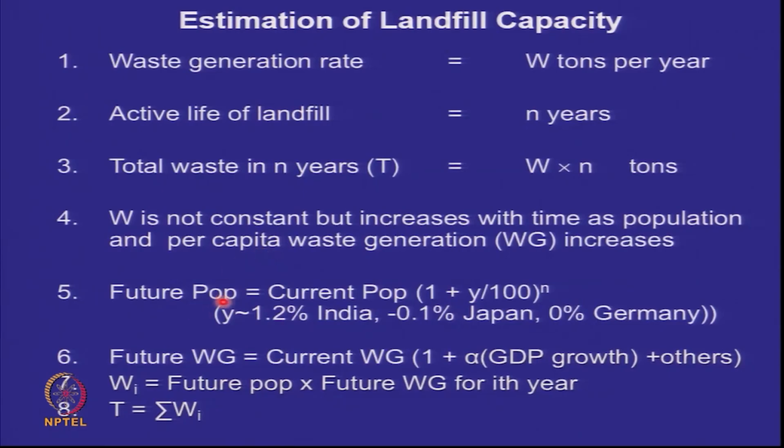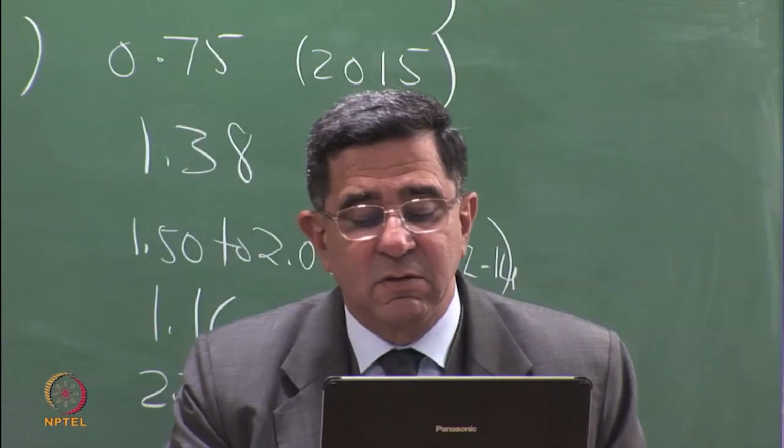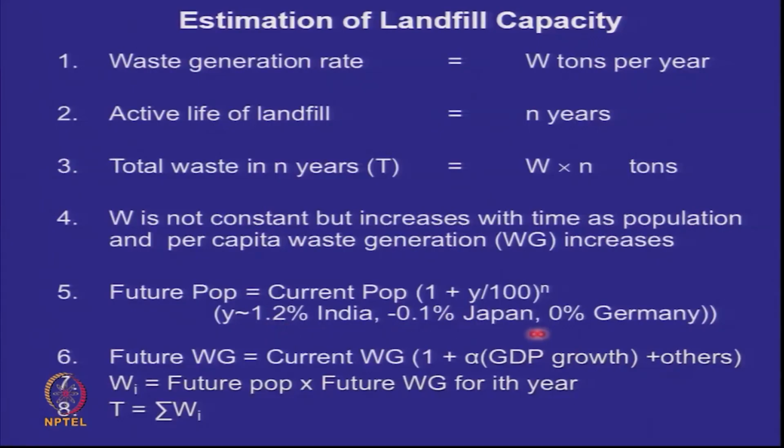So future population can be estimated as current population into (1 plus y over 100) to the power n, where y is the rate of population growth in percentage. India, it appears to be 1.2%. Japan has minus 0.1%. Germany has wavered on both sides of 0. It was a little low earlier, now it seems to be picking up, but these are estimated rates and it depends on the time span.